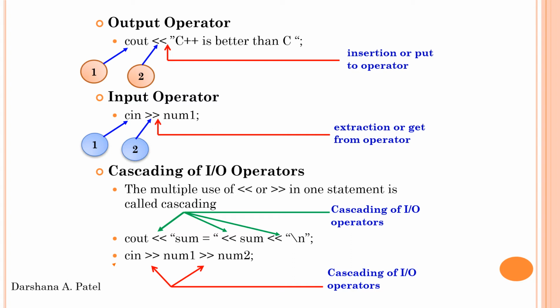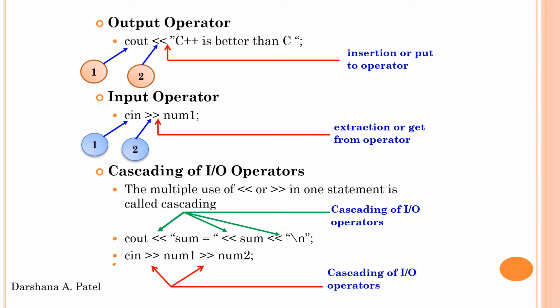First one is cout and second is the double less than sign. Cout is a predefined object that represents the standard output stream in C++, and the double less than operator is called the insertion or put to operator. It takes the value of the variable and assigns it to the cout object.